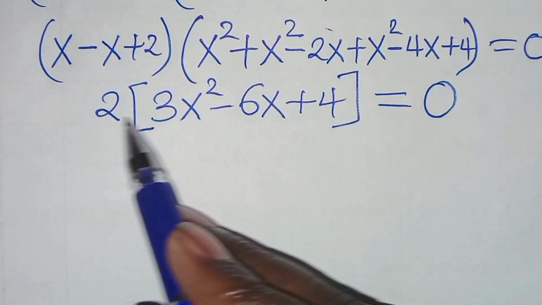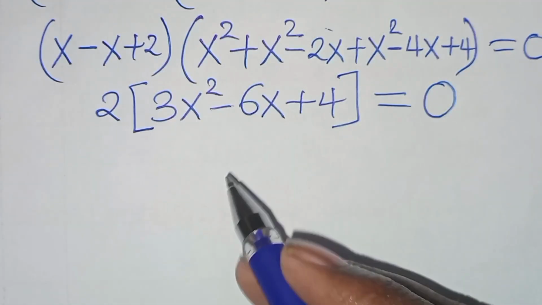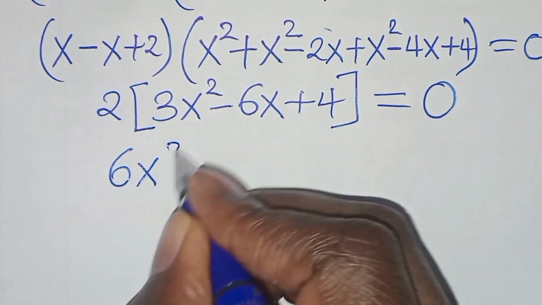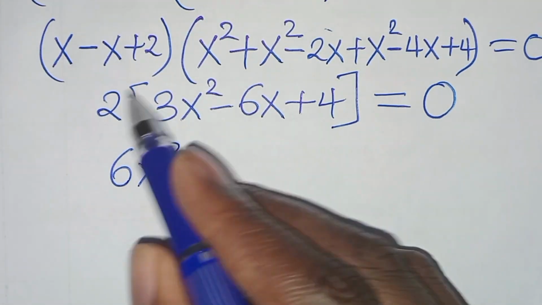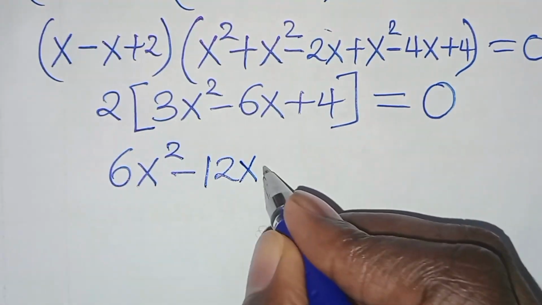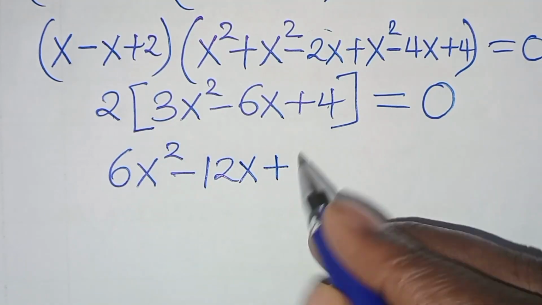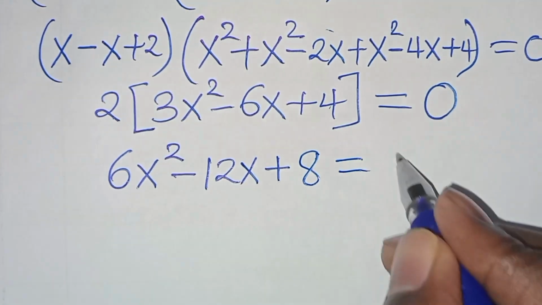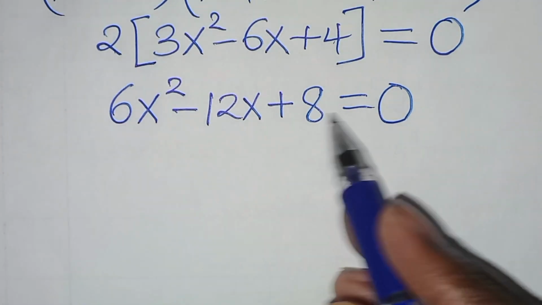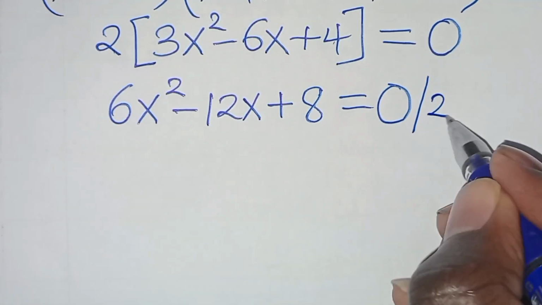This is equal to 0. So let's multiply everything here by 2. So 2 times 3x squared is 6x squared. Then subtract 2 times minus 6x, this is minus 12x. Then plus 2 times 4, this is 8. This is equal to 0. Now, we can divide both sides here by 2.